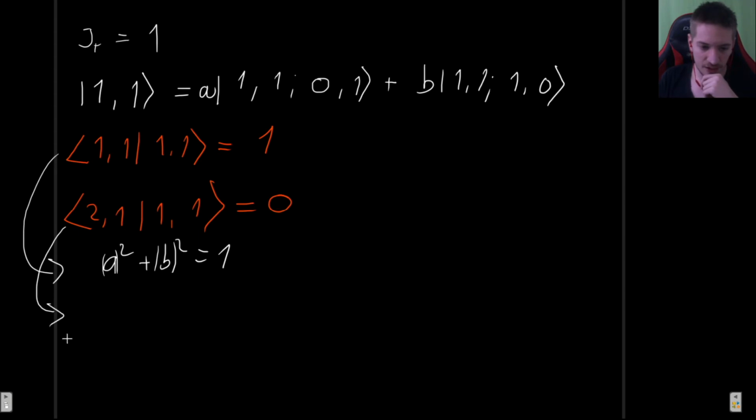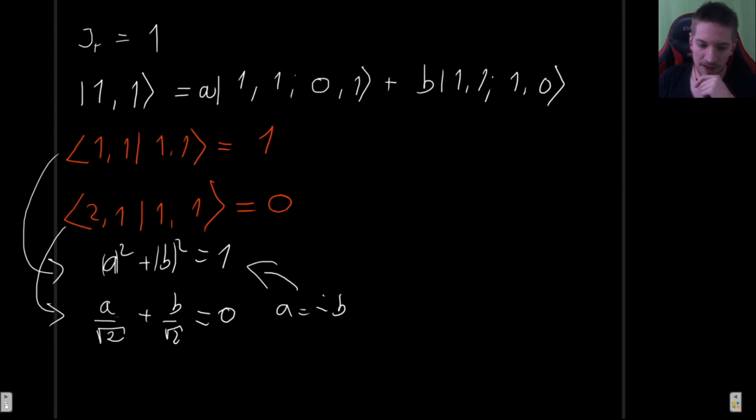From the second condition, now what do we get? It's actually going to be the same, except that instead of a and b, it has this 1 over square root of 2. So when we do the multiplication, we get a over square root of 2 plus b over square root of 2. This has to be equal to 0. So from here, we can see that a has to be equal to minus b.